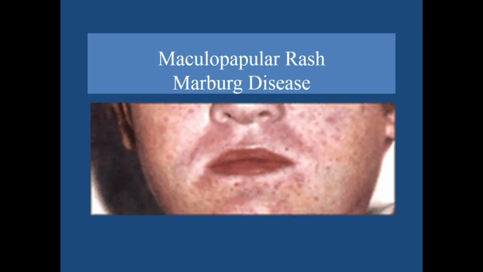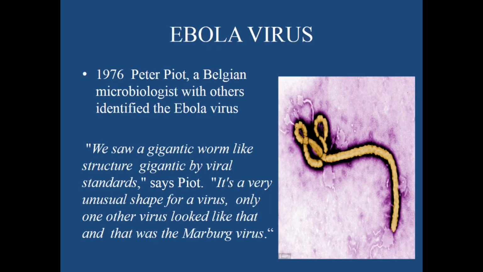Okay, so this is the maculopapular rash seen in Marburg disease, on the face, the arms, the head area. Okay, so coming to Ebola virus. Ebola virus is very, very important because of the recent outbreak. It was first discovered in 1976 by Peter Piot, who was a Belgian microbiologist.